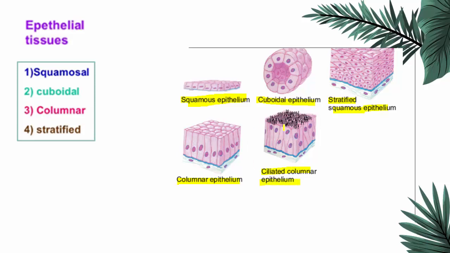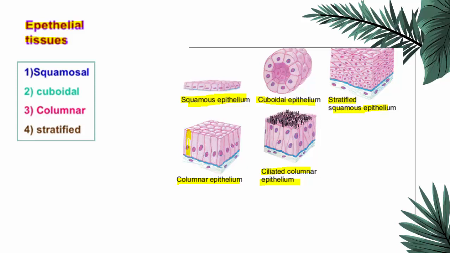If you look at the images, the names are given according to the shape of the cells which are found in the epithelial tissues. Depending on shape of the cell, the epithelial tissues are classified into following types: squamous, cuboidal, stratified, columnar. This is very evident here.